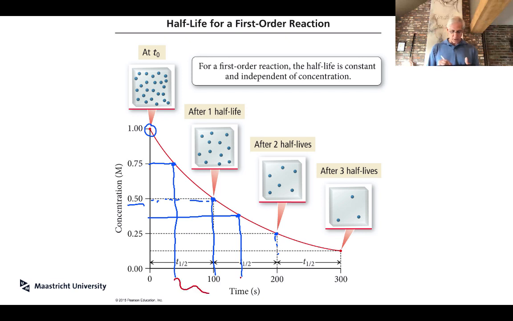The difference between here and here is also 100 seconds. I can pick any two values on this graph and cut that concentration in half, and it will take 100 seconds, no matter what that starting concentration is. And again, that's what makes the first order reactions so nice. You can't do that with zero order or second order because they're just messier.